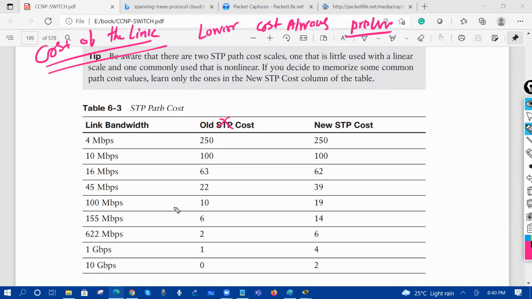If you verify one thing over there, the lower bandwidth has a higher cost, and the higher bandwidth has a lower cost.